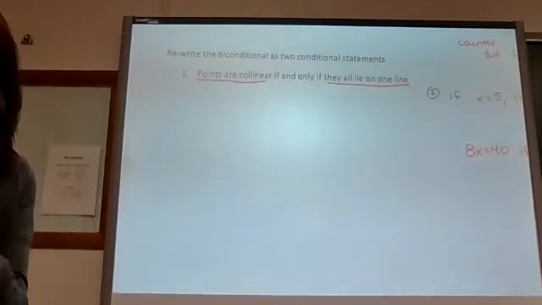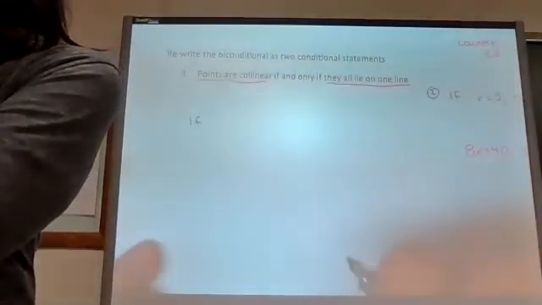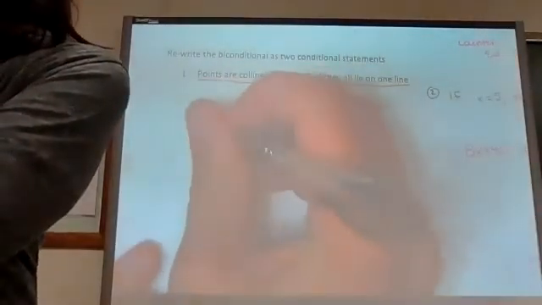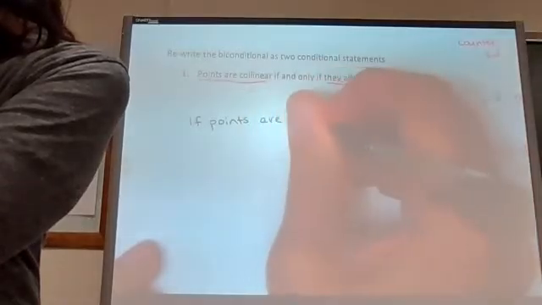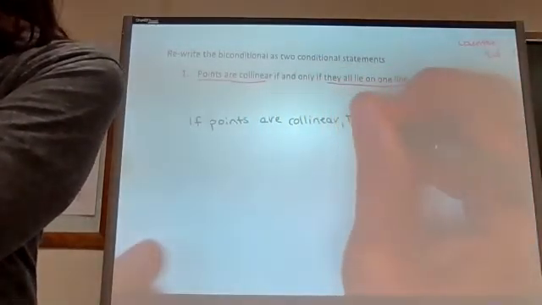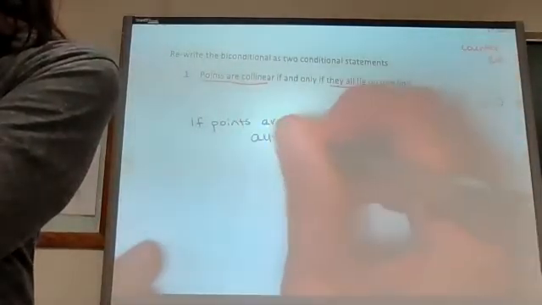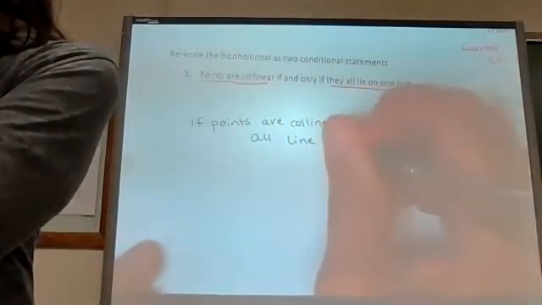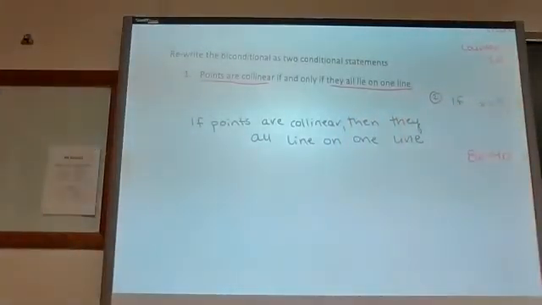If the points are collinear, then they're all on the same line. Yep. If points are collinear, then they all lie on one line. Okay, that's one conditional statement.